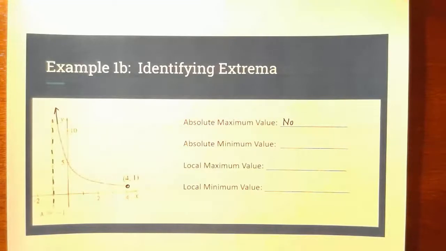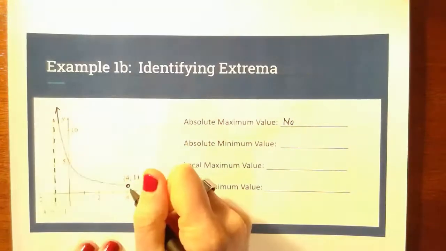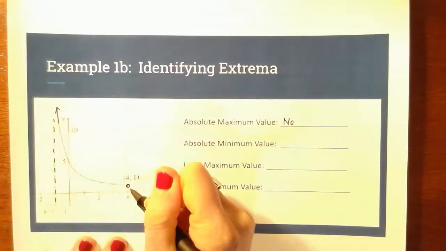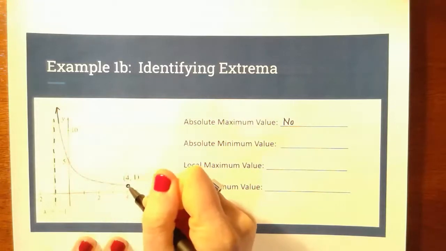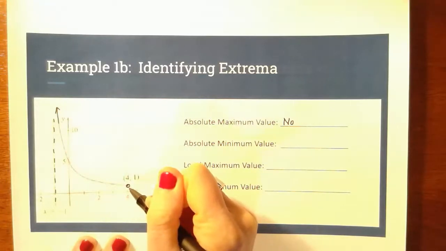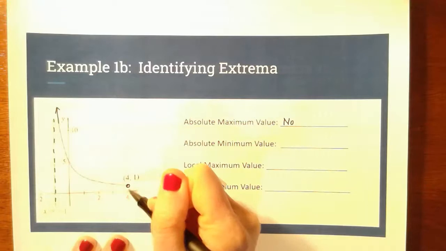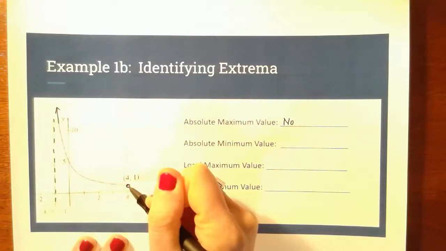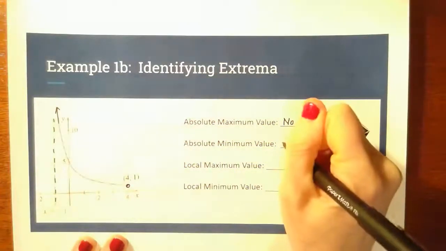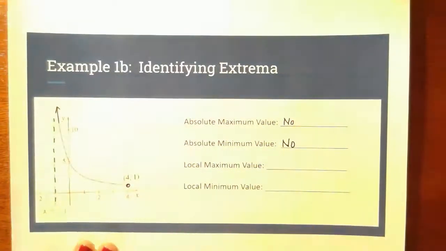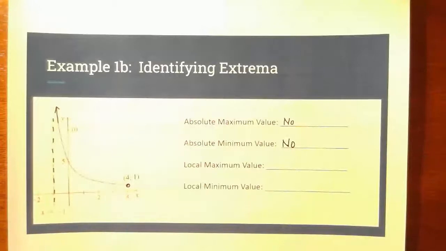And it also has no absolute minimum value if I make this point an open dot, because the lowest point here should occur right here, but I've made it an open point, so I never actually equal that value of 1. So since this is an open circle and I never actually equal that lowest coordinate at 1, this would have no absolute minimum value either.